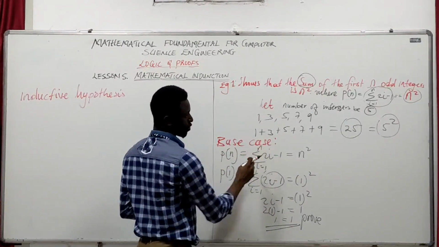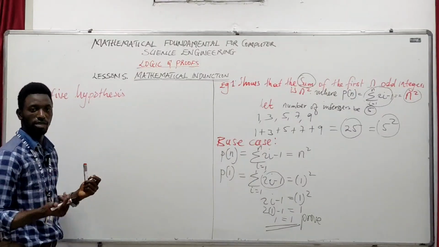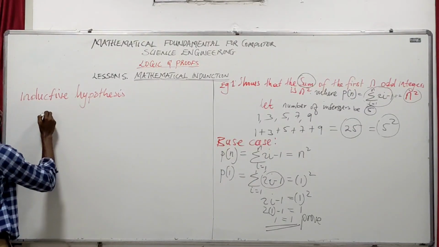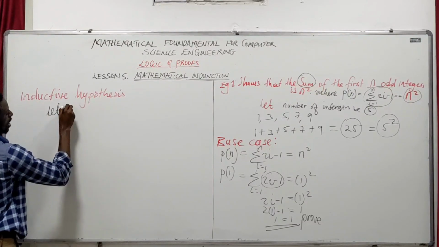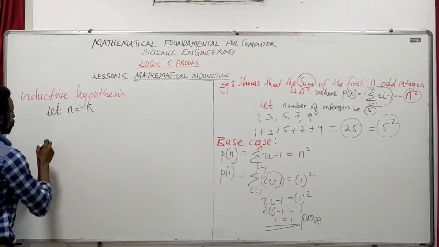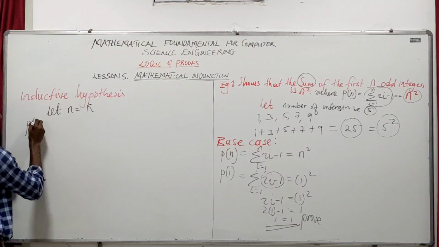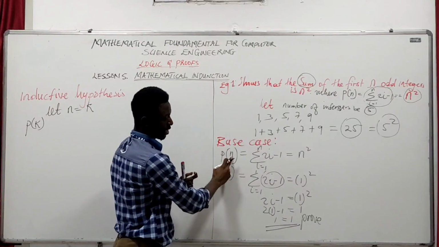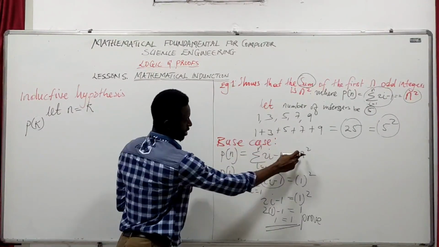We let this n equal k, or you can use any letter. So now P of k, instead of this n we use k. Then here k, then here k.